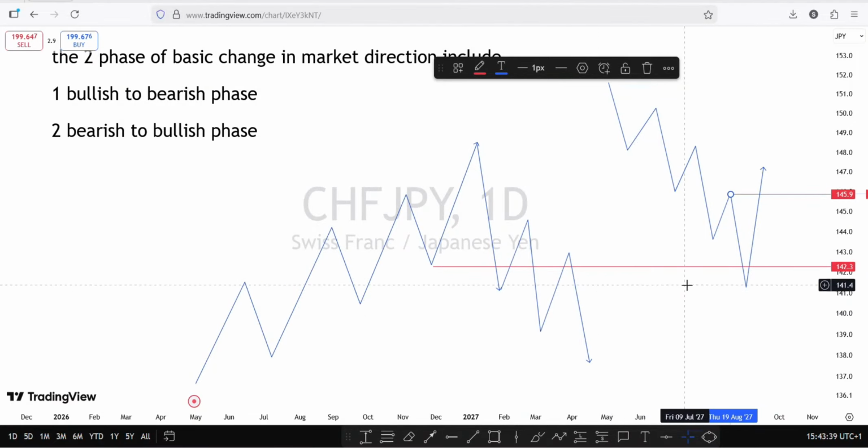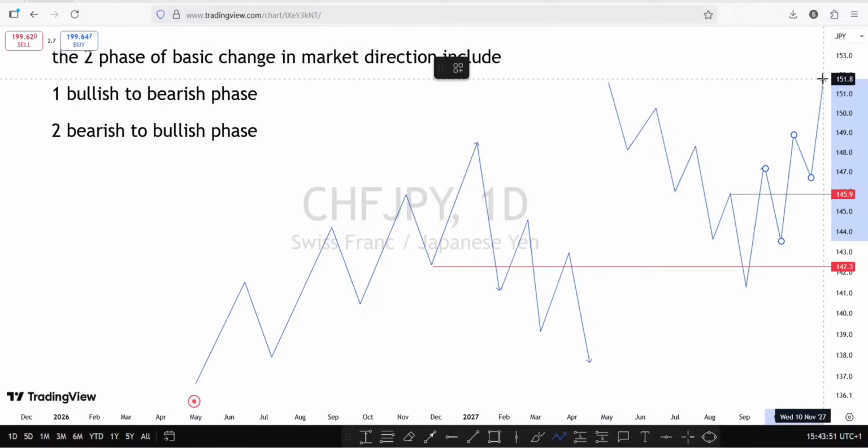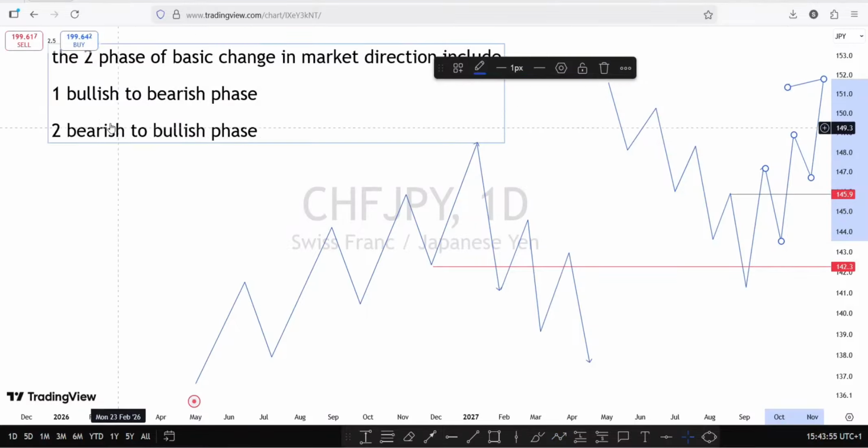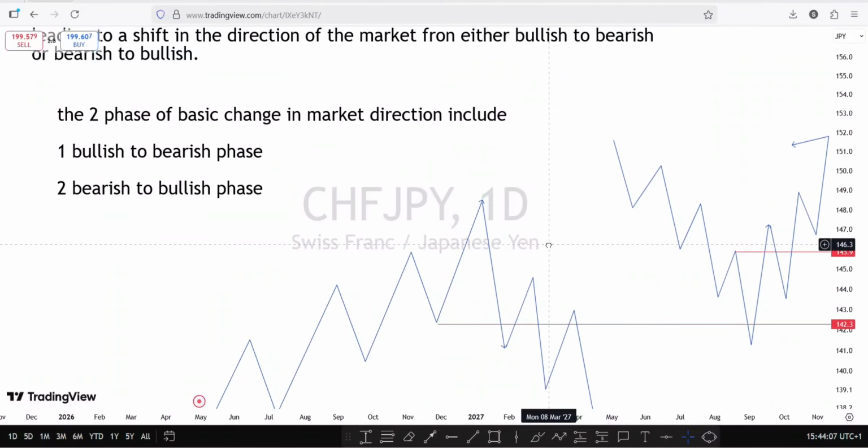So this is a clear indication that price wants to start buying, or the buyers are now in control of the market. So we want to see this push to the upside. So now this is a typical example of bullish to bearish, and this is a typical example of bearish to bullish. So it is not a difficult thing to understand.